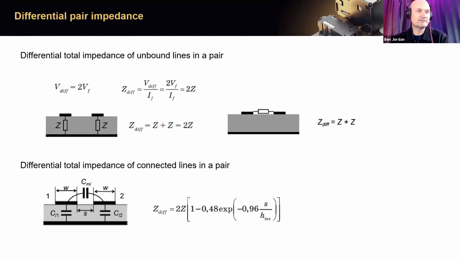So I'll just point out here for my audience here in North America that the comma is a decimal point in Europe. So that's 0.48 times the exponent raised to the power minus 0.96 times the space between the true and complement over the height above the plane.